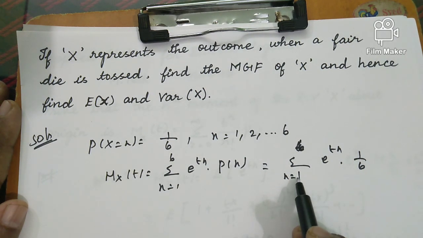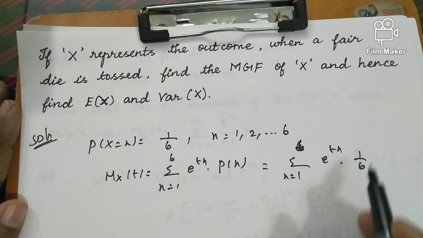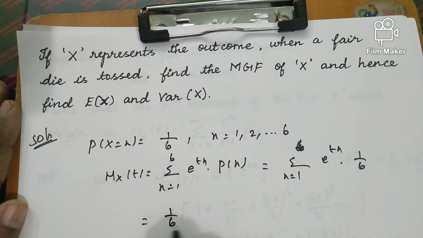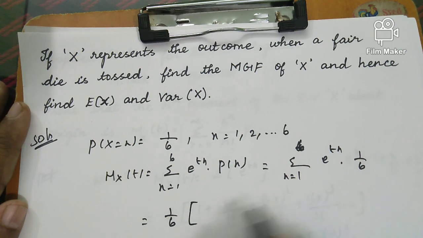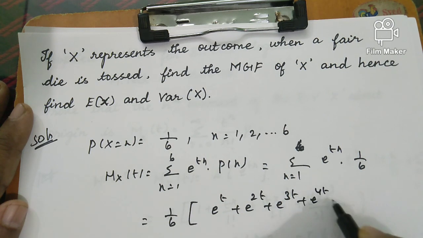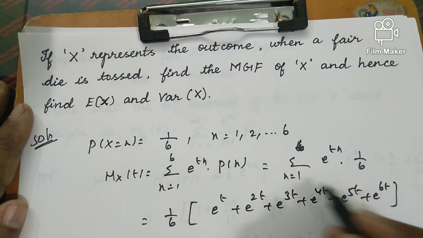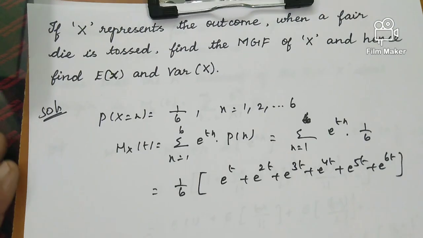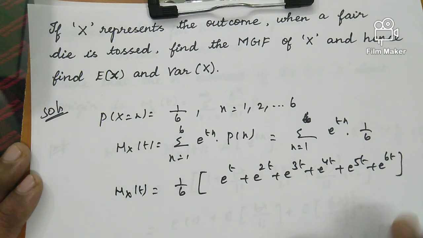The summation limit applies only to x, so we can take the 1 by 6 outside. 1 by 6 into, for the first value x equal to 1, we get e power t, then the next value is e power 2t, e power 3t plus e power 4t plus e power 5t plus e power 6t. Up to 6 only, x takes the value. Therefore our Mx of t, the moment generating function, is nothing but 1 by 6 into this.